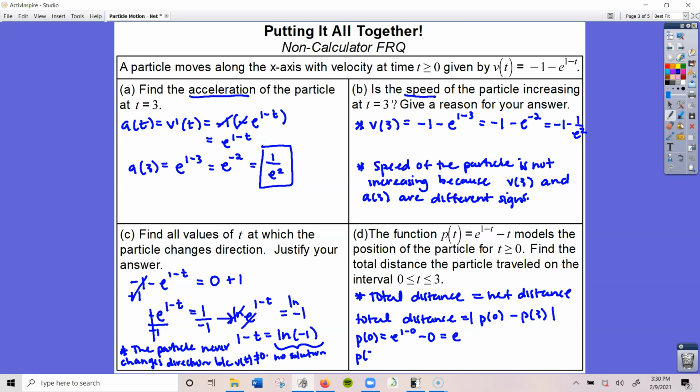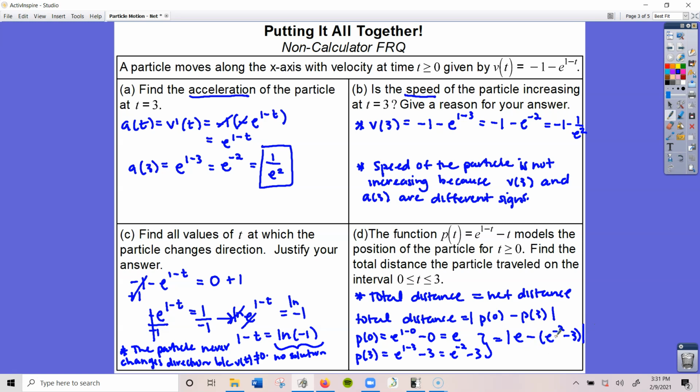Now p of 3 is going to equal e to the 1 minus 3, which is the same thing as saying e raised to the -2 minus 3. So bottom line, this means that my total distance is going to be the absolute value of e minus e to the -2 minus 3.